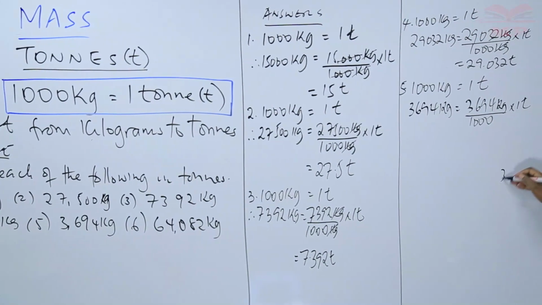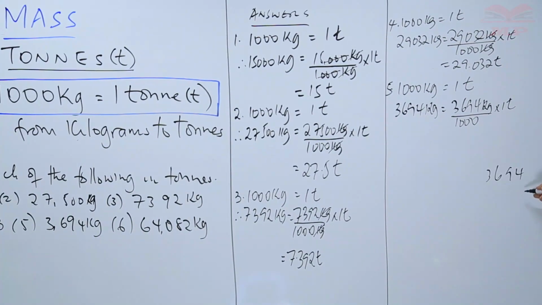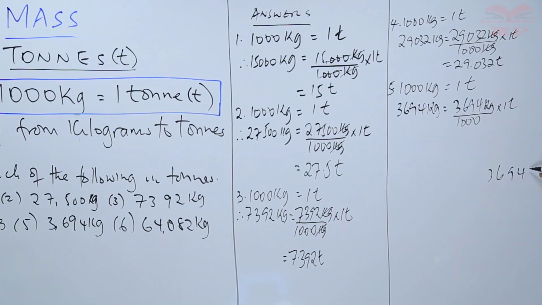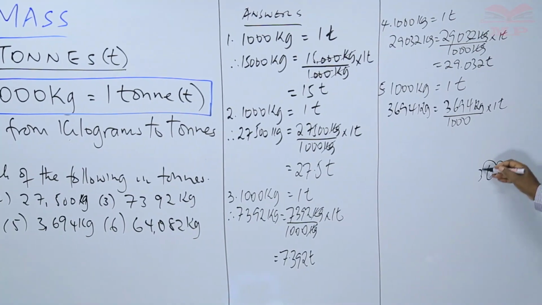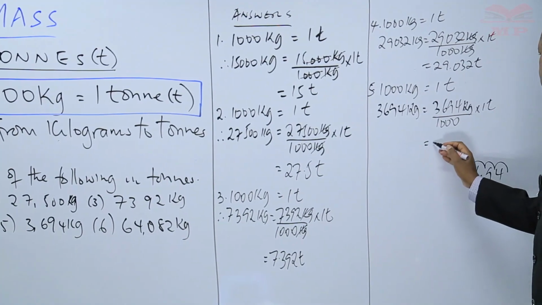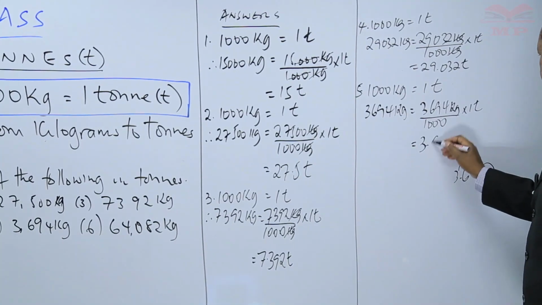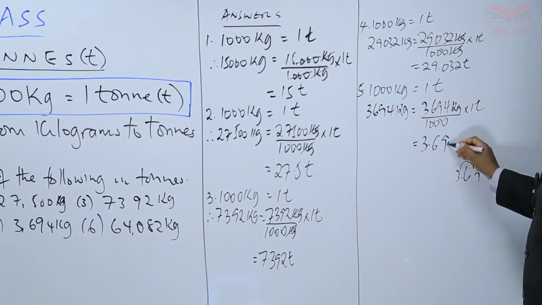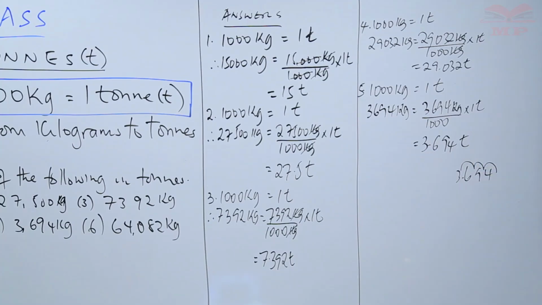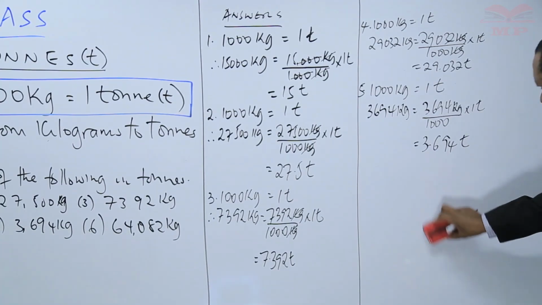So we have 3694, take it back, 1, 2, 3. So the answer here is 3 point, there's a point there, 0.694 tons.